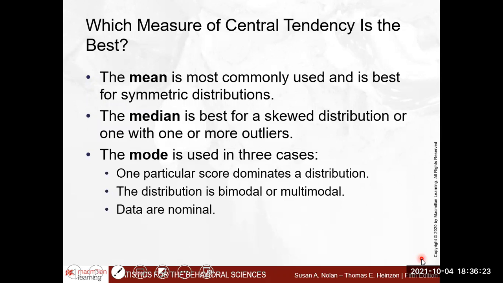In a perfect world setting, in a perfect normal distribution, mean and median are identical. They are not always, unfortunately, because the median is less sensitive to outliers, meaning the mean will very sensitively move towards the outlier. The median will stay considerably resistant, whereas the mode is rock stable, doesn't move at all, because it's the most frequent number, right? That's all it is. If you put a couple of outliers there, the most frequent number is still the most frequent number. So this is not going to change.